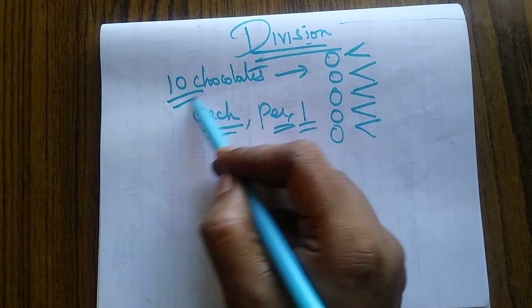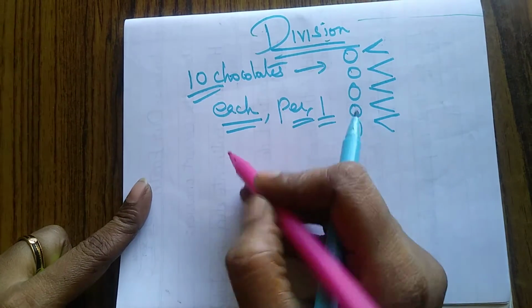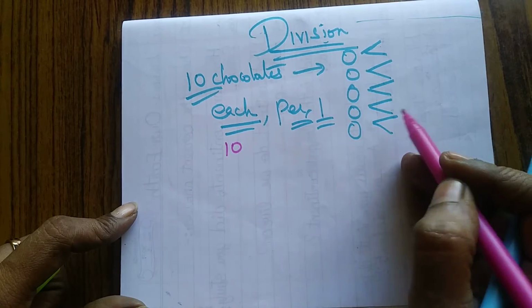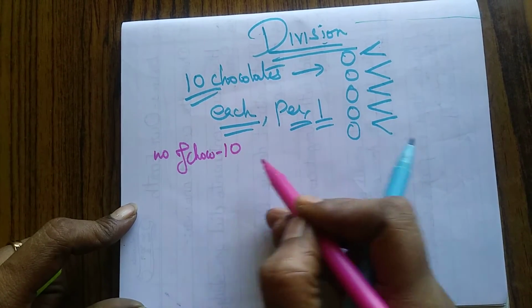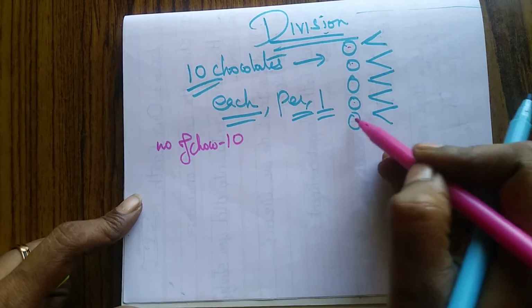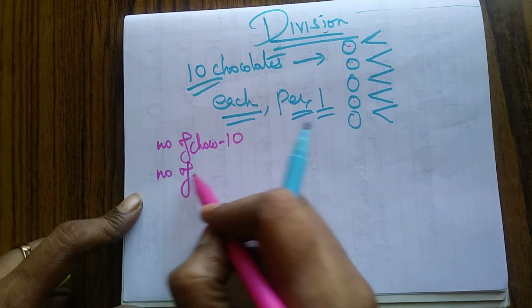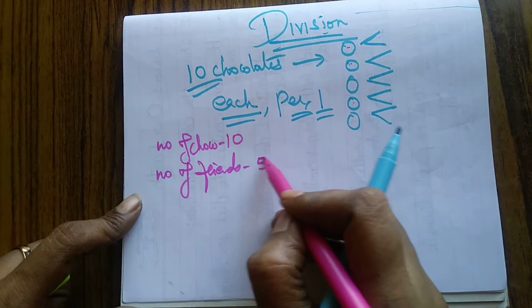What is the total number of chocolates here? The number of chocolates is 10. And how many friends are there? The number of friends is equal to 5.